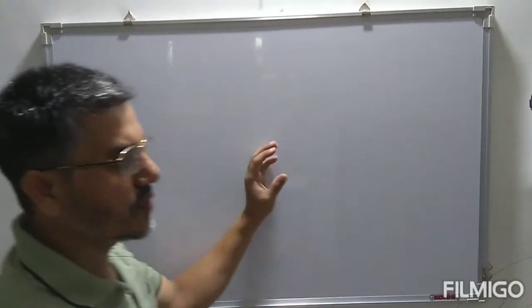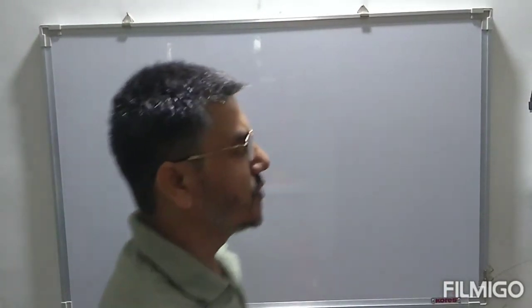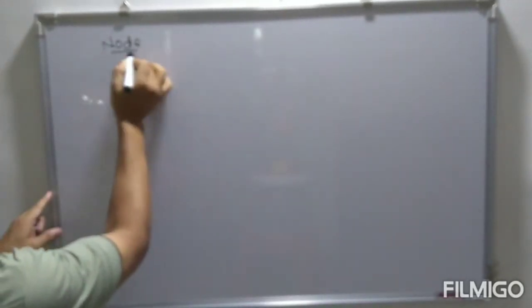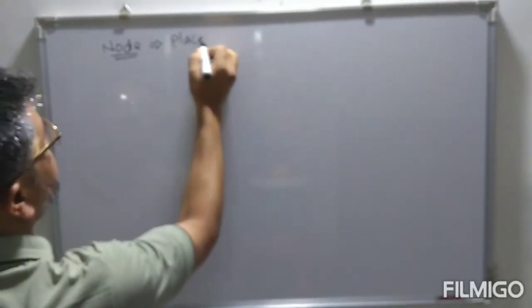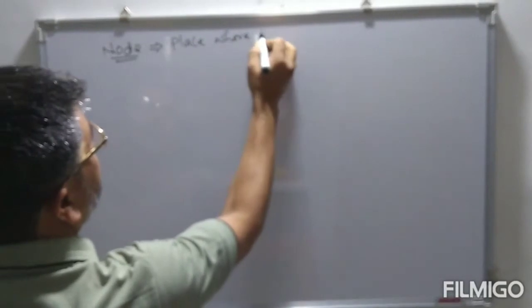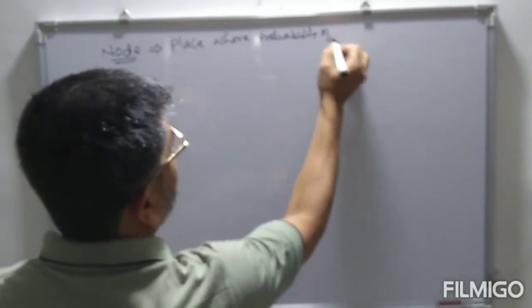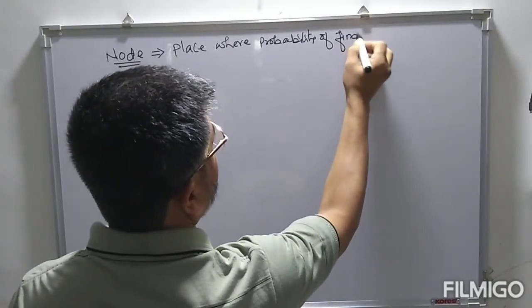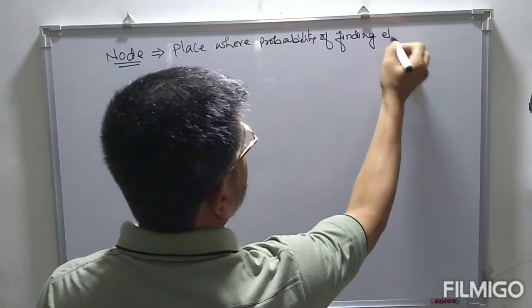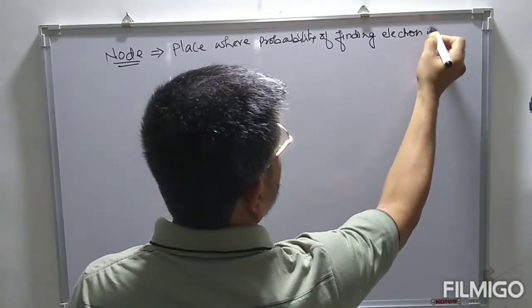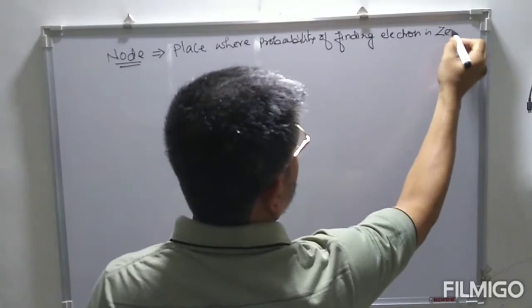So we have used a term known as node. So let's define this node. Node is a particular point over a plane where the probability of finding an electron is 0.